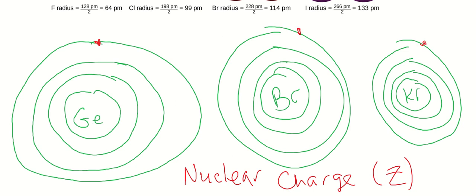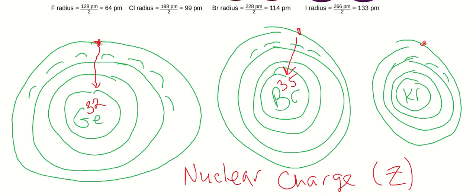The point here is the 32 protons in germanium are going to pull these in, but the electron on the outside is being shielded by all of the other electrons inside of it. Bromine has 35 protons, so it's going to pull a little bit more, because 35 protons gives more of an effective nuclear charge than 32, but it has the same shielding effect as germanium. And krypton, they all feel the same shielding effect.